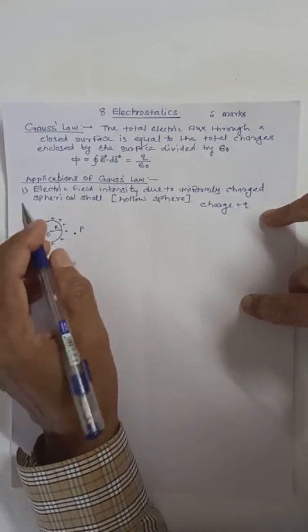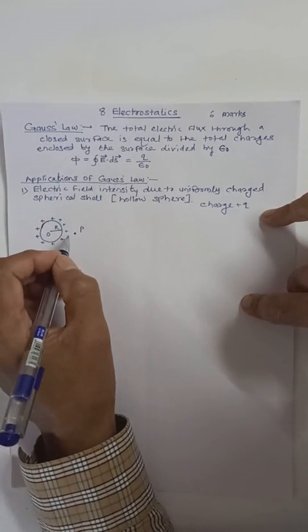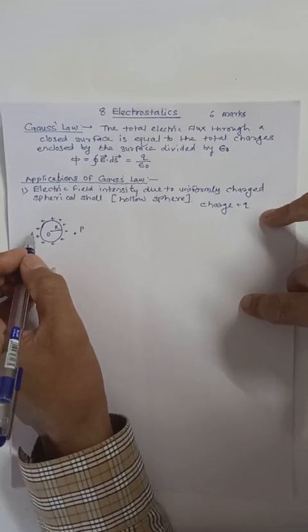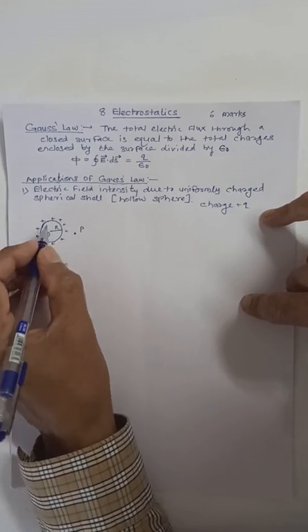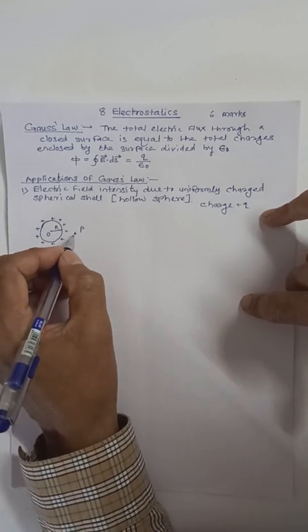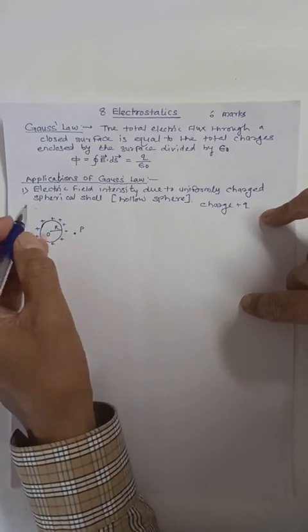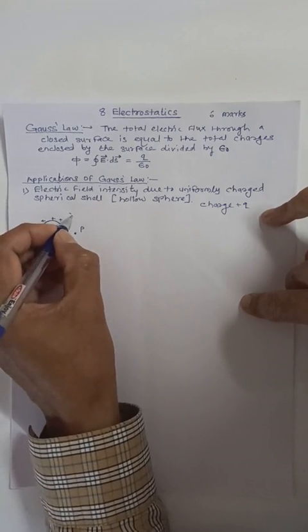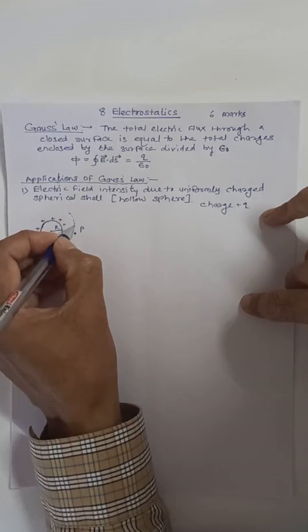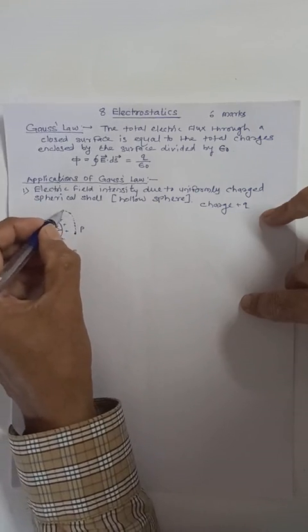We know that Gauss law is applicable only for a closed surface, and the point P is outside the charged sphere. Therefore, draw a concentric sphere passing through the point P, like this.